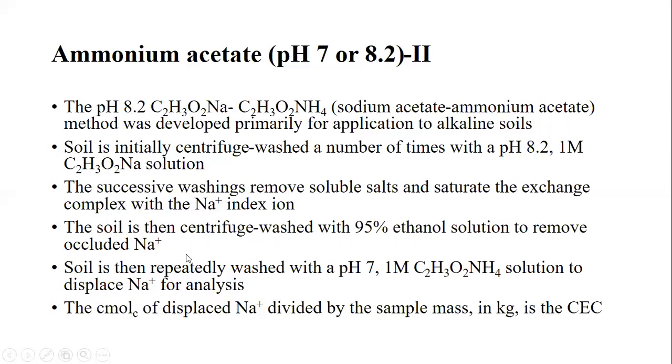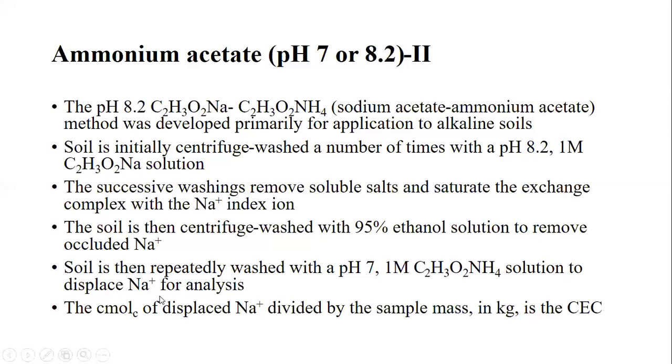So we repeatedly, in this case, not like the first time, we collect every time. We do the shaking, then centrifugation, we collect that, then we repeat, to make sure that ammonium took the place of all the sodium. No more sodium is there. So that sodium is now collected in a volumetric flask to displace sodium for analysis. We need to analyze it.